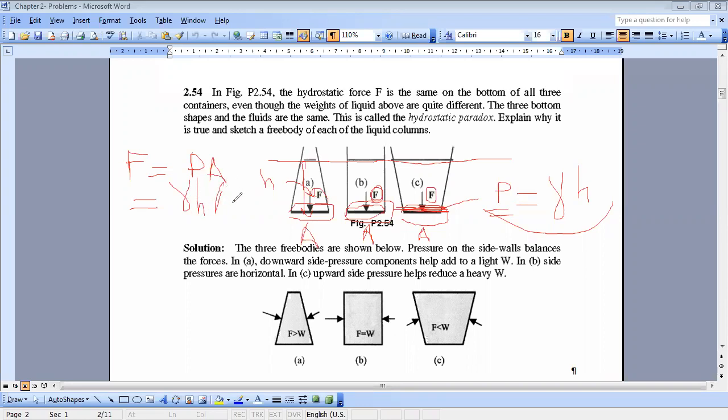Now, how can I physically explain how different volumes of liquid, so different weights, will lead to the same force acting on the bottom? This will require some analysis.